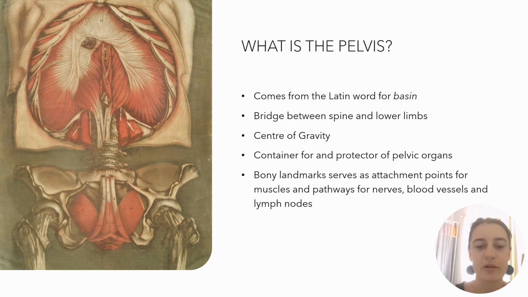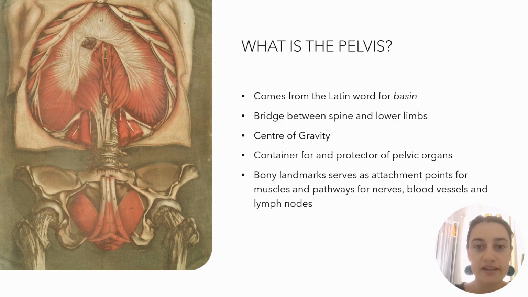So what is the pelvis? The word pelvis comes from the Latin word for basin. So when we talk about the pelvis being the pelvic bowl or a container, this isn't just energetic language. This is actually rooted in the etymology of the word. Structurally, it is the bridge between the spine and the lower limbs.